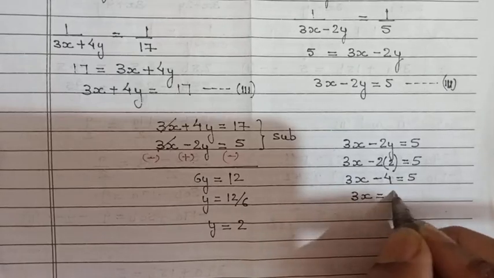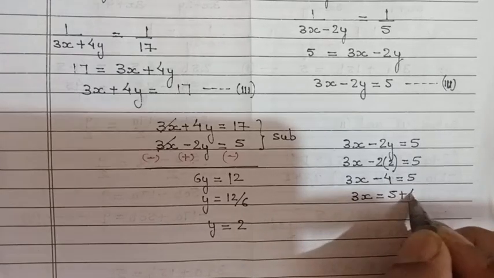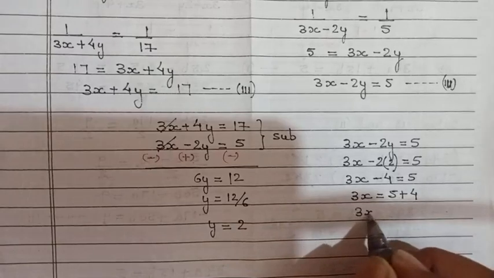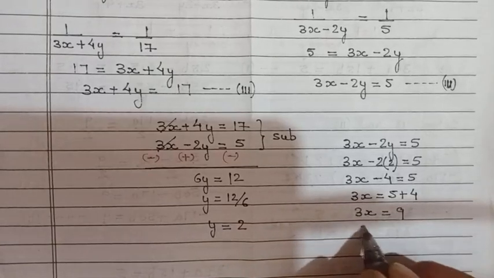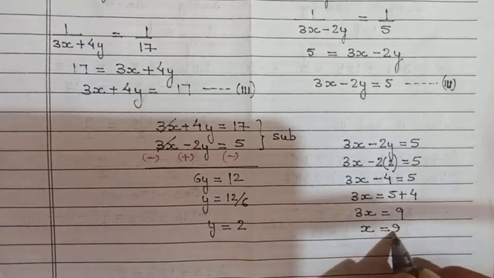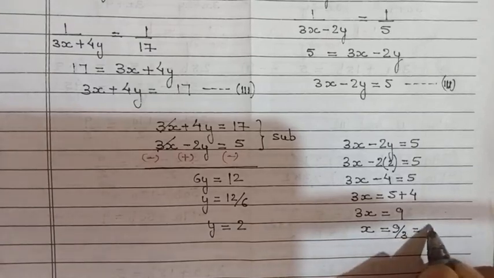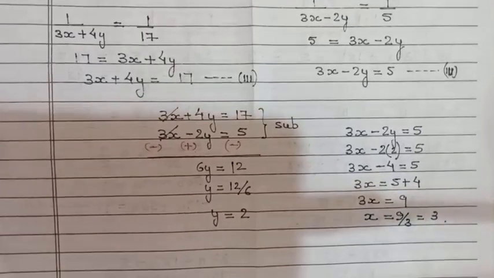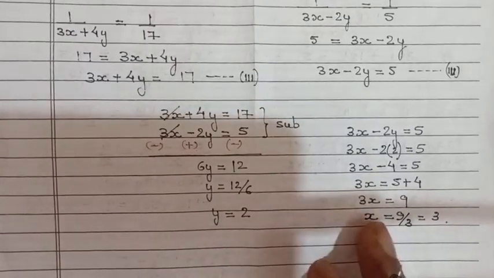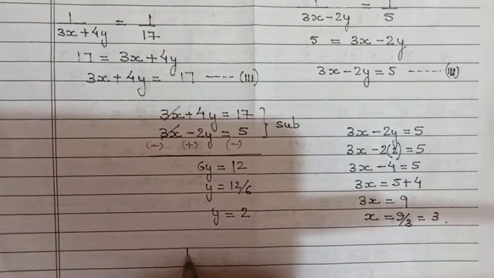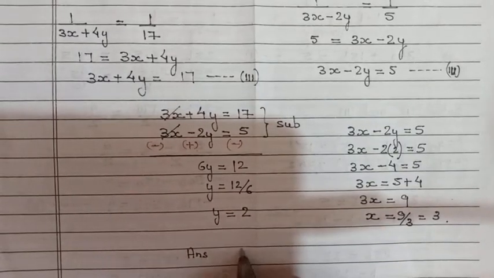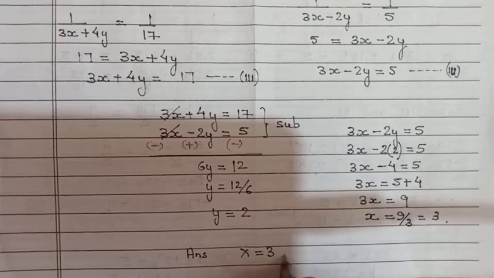So 3x is equal to 5 plus 4. So the value of x is 3. So finally we have got the values for x and y. So this will be our answer: x is equal to 3, y is equal to 2.